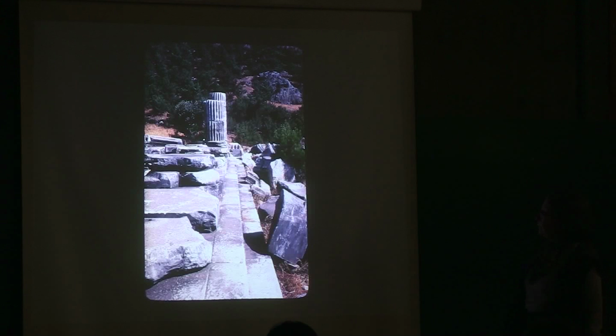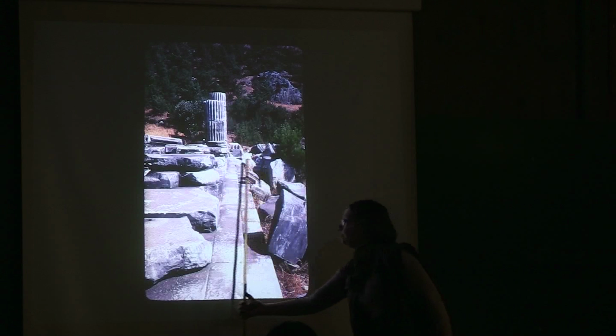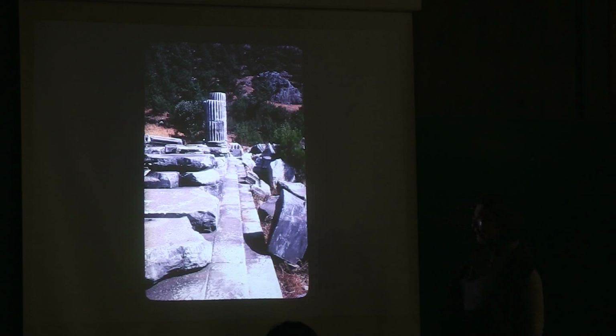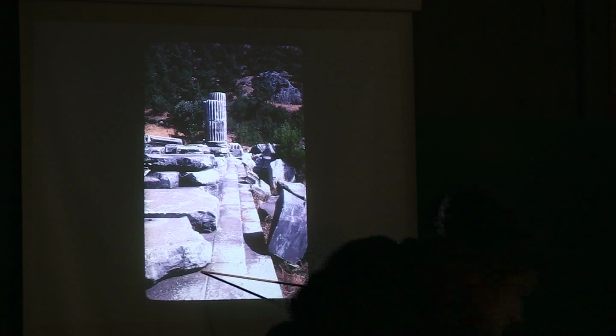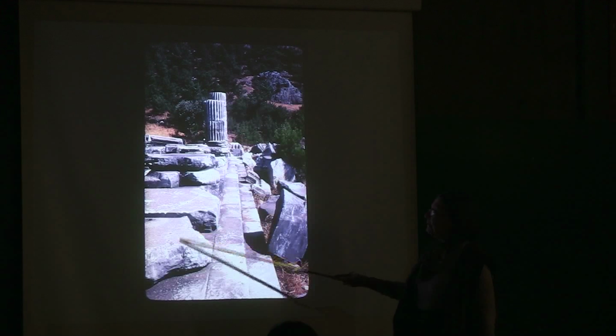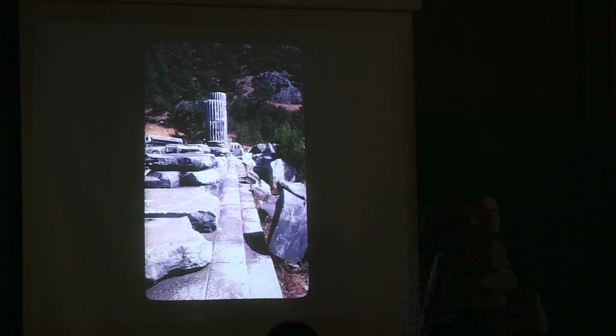As a result, you have very fine, bold lines, and both the unseen parts of the temple, as well as the parts which are seen, were constructed of good quality masonry.